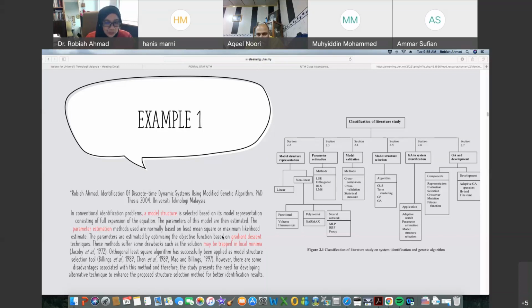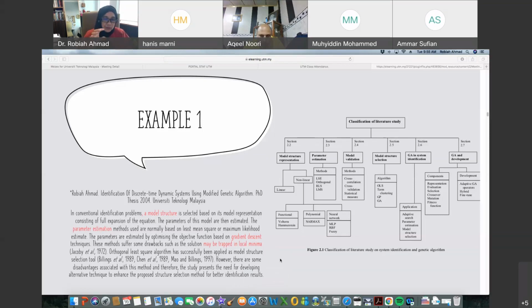And then to cater for this, Billings and others apply OLS. Okay, so however, as I mentioned here, there are some disadvantages associated with this method, and therefore the study presents the need for developing an alternative technique to enhance the proper structure selection method for better identification results.